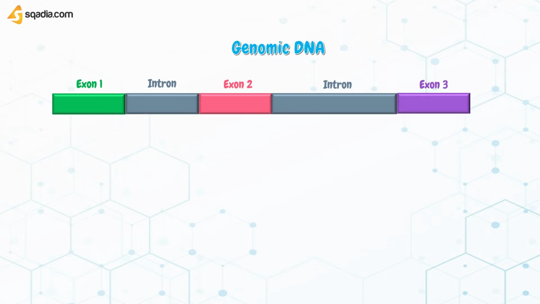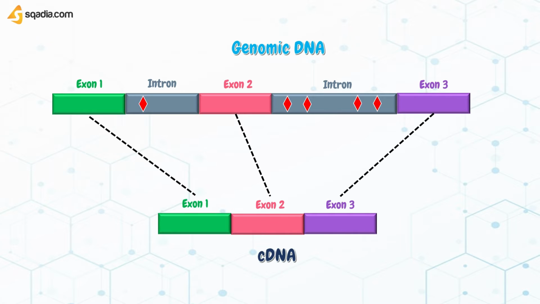In genomic DNA, there are two introns, each of which contains a series of restriction sites that are absent from the complementary DNA. The pattern of restriction sites in the exons is the same in both the complementary DNA and the gene.